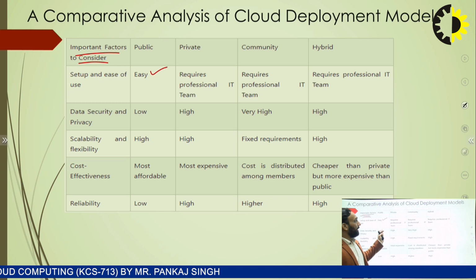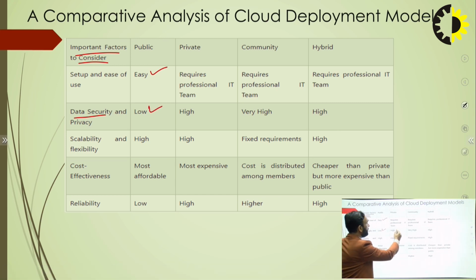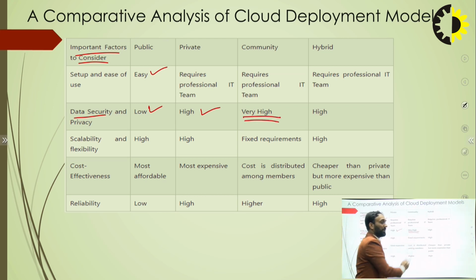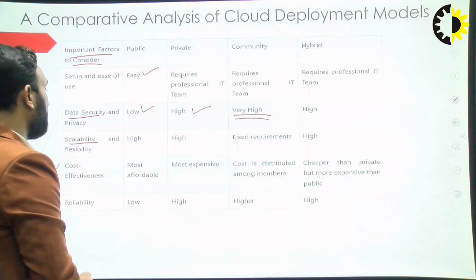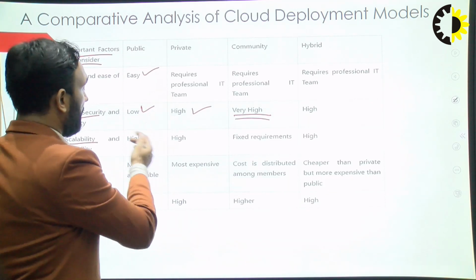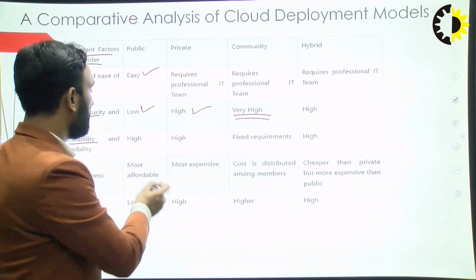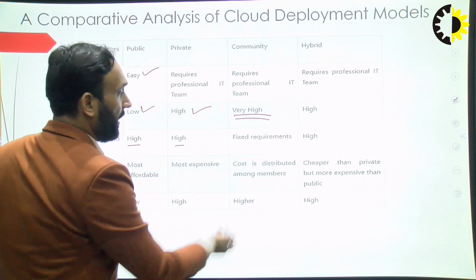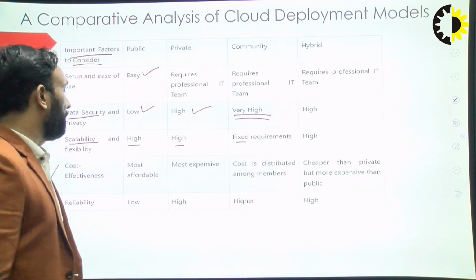But if we talk about other features like data security and privacy, it is low in a public cloud, high in a private cloud, and very high in a community cloud, because that is specifically used by the persons who have the same objective and same protocol. Likewise, scalability and flexibility, which are the major characteristics, are high and fixed in a community cloud.